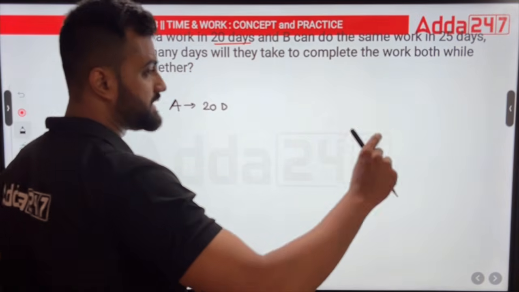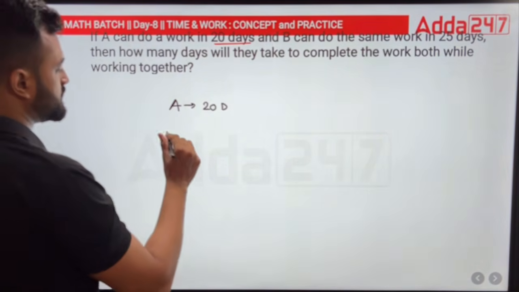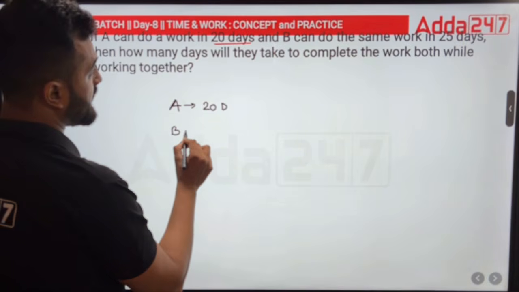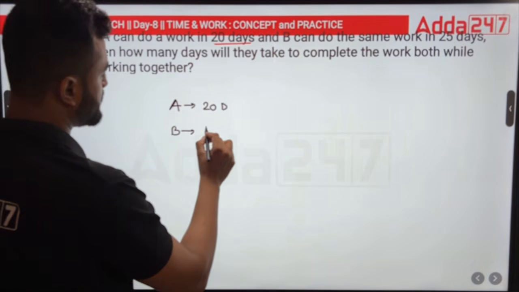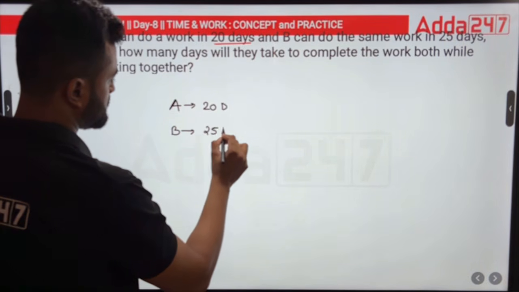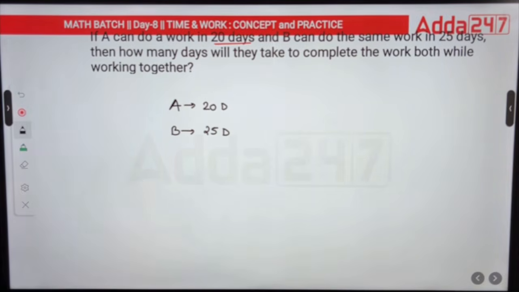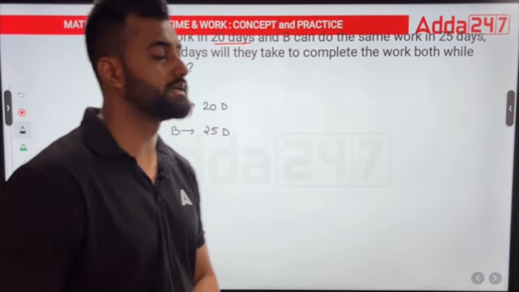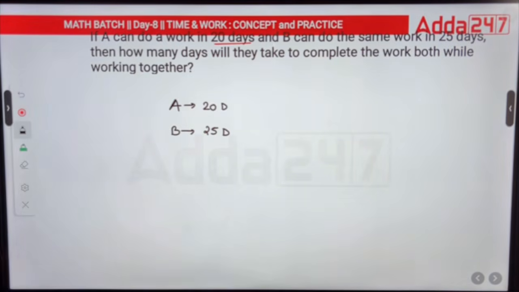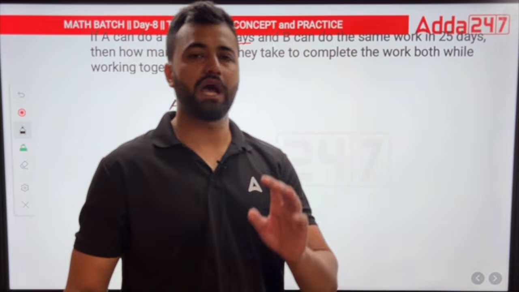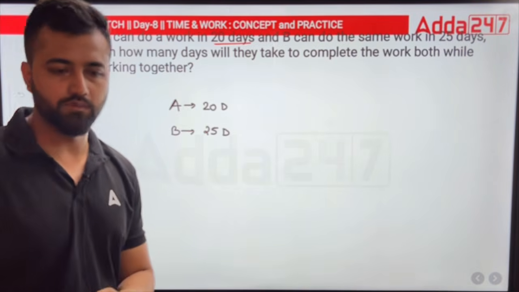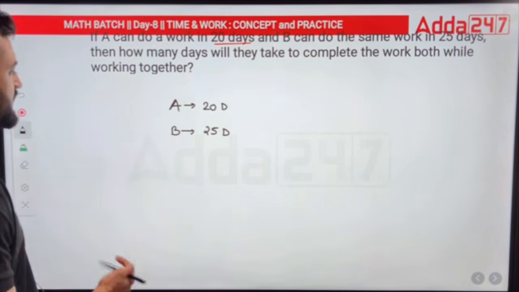See, we are comparing them on the basis of the same work, right? So we have B, and this B can complete the same work in 25 days. Then how many days will they take to complete the work if both work together? Suppose I ask them to work together, in how many days will the work be completed? That means I want A and B to work together.